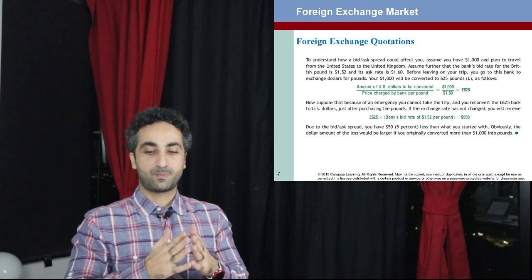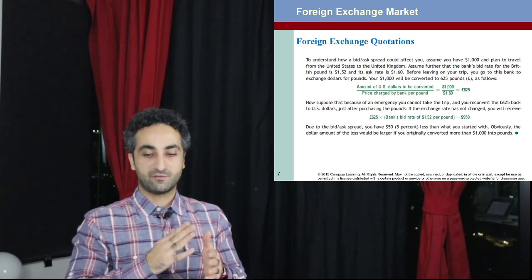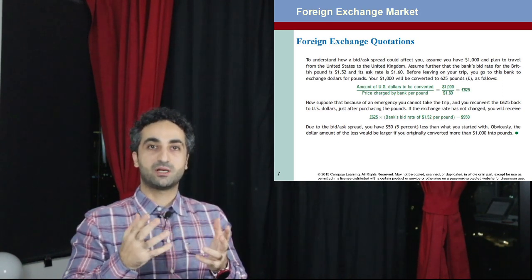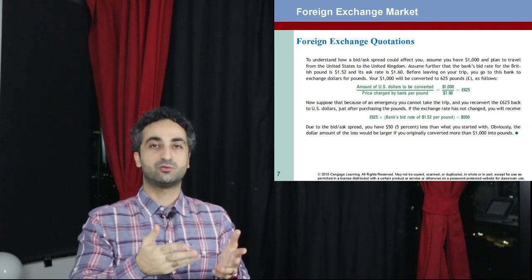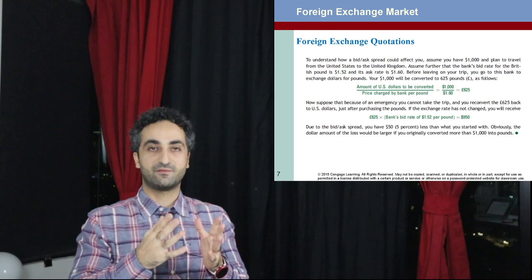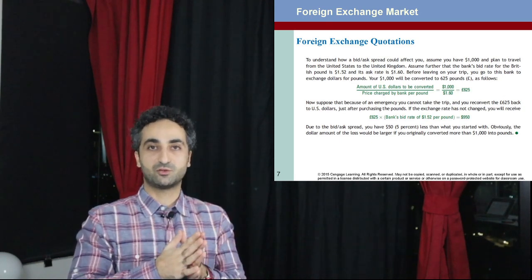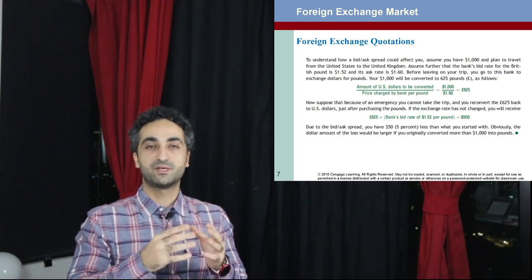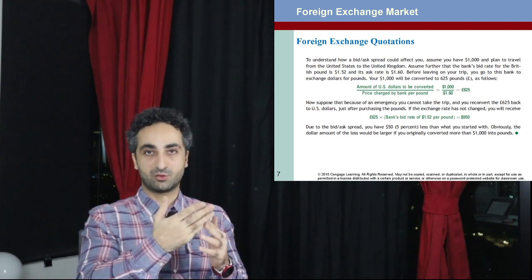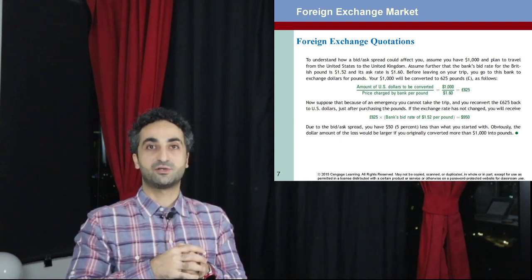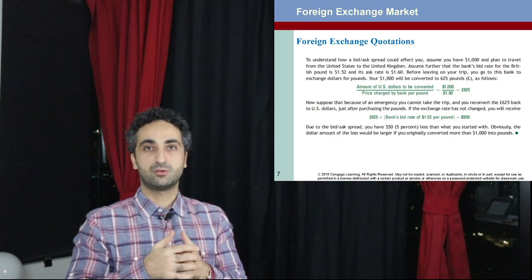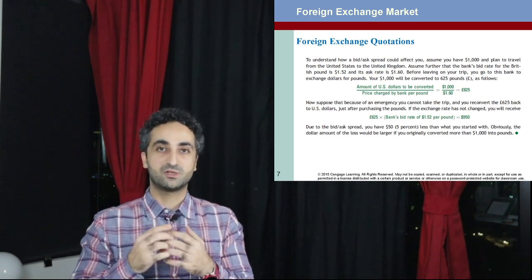So we basically convert the money back by selling to the bank. We have 625 British pounds multiplied by the bid price, because the bank is going to buy, 152, we get 950 USD.